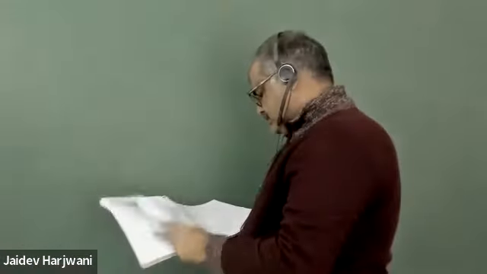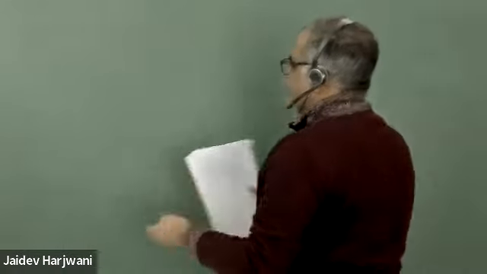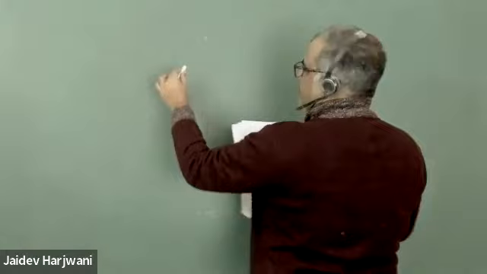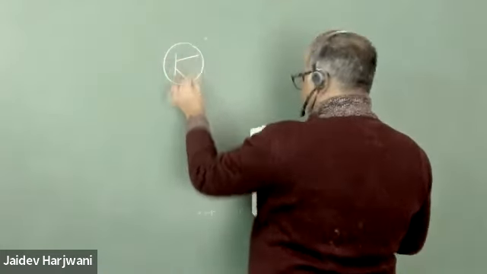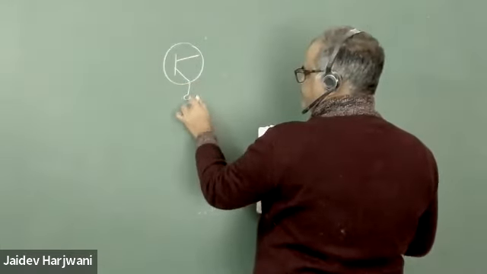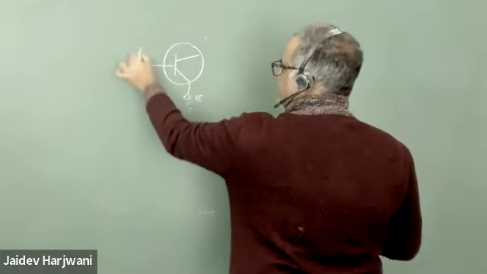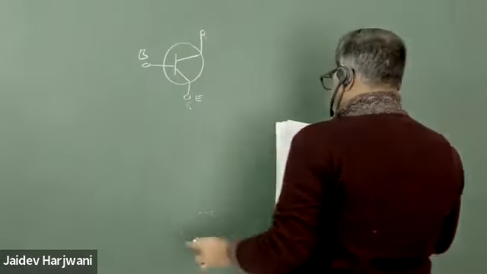Now let me give you a problem, and I will tell you how to find the operating point. Suppose I have this common emitter configuration. This is my base and this is my collector.